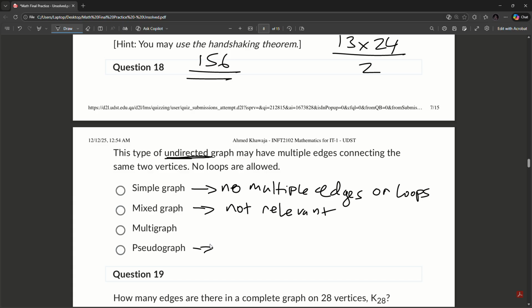A pseudograph allows multiple edges and loops, but it says here, no loops allowed. So it is a multigraph.